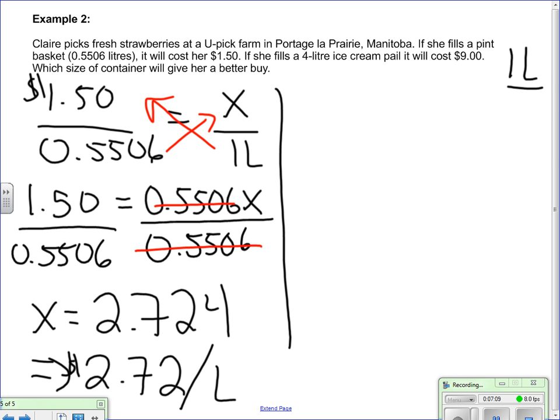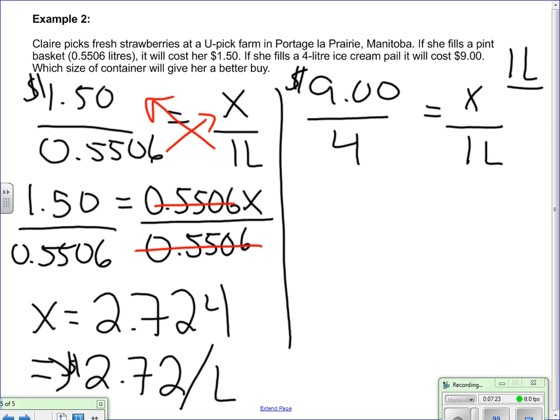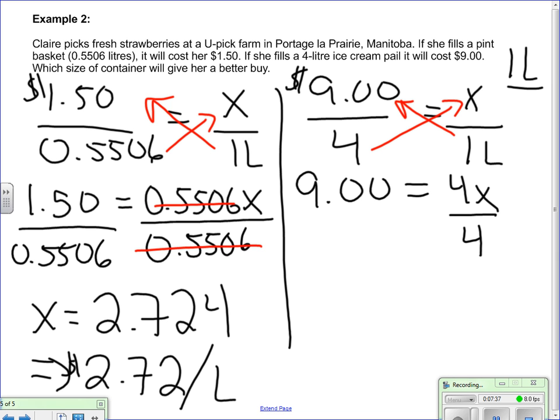Now let's do the same on the other side. So in this case I have $9 for a 4-liter ice cream pail, and I want to figure out again the cost of 1 liter. So setting it up the same way, cross multiplying, take the 1 times it by 9, take the 4 times it by x, and we're left with $9 is equal to 4x, divided by 4 on both sides.